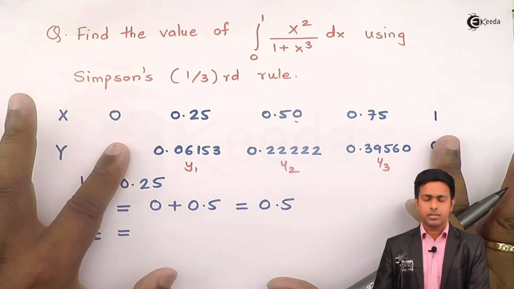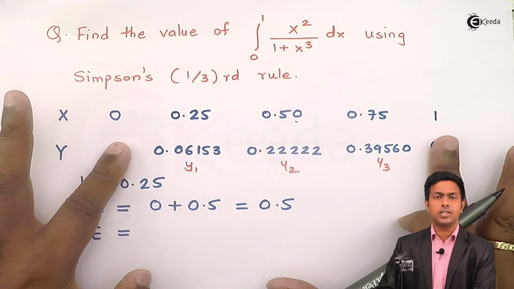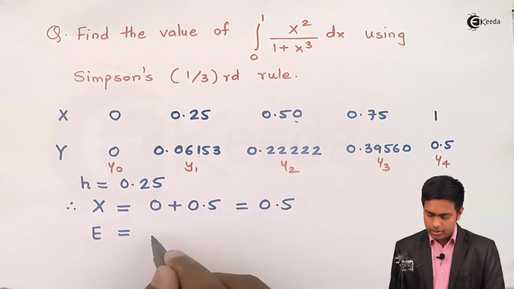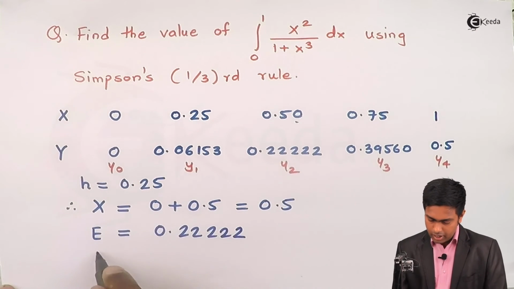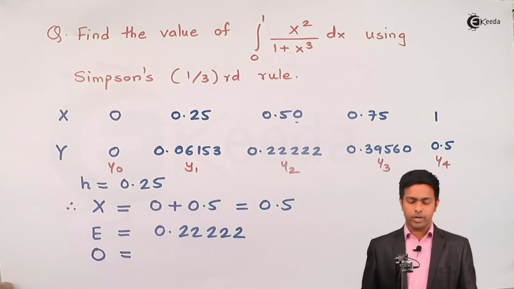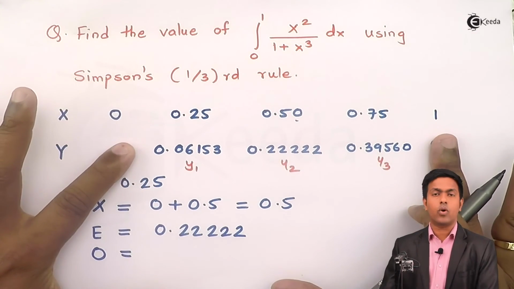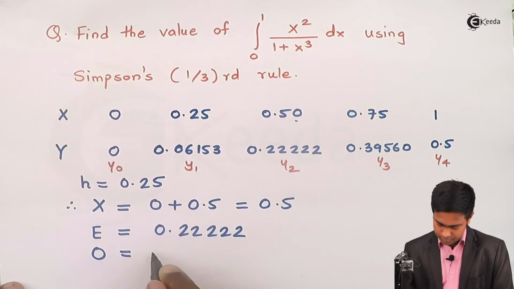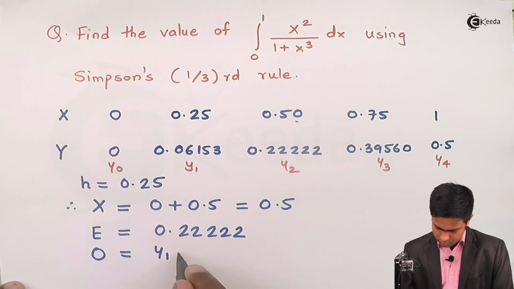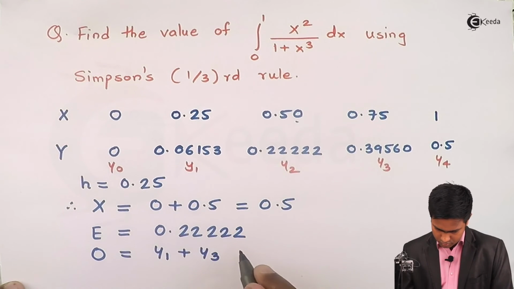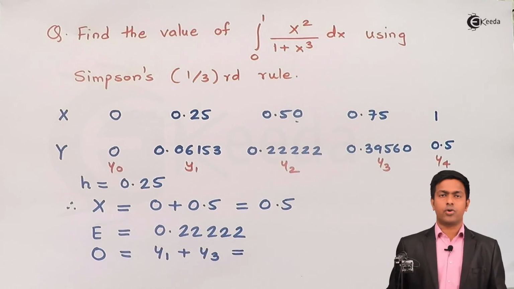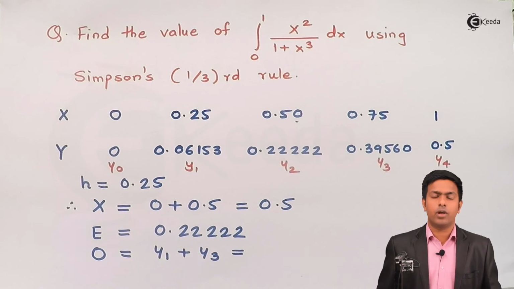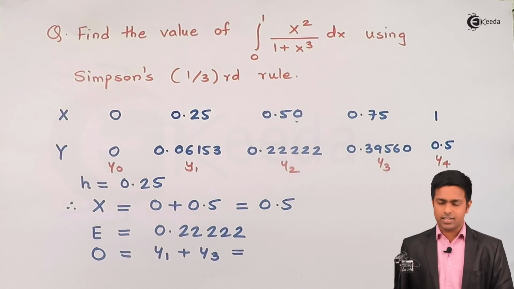So among the remaining 3 ordinates, the even one is y2, which is 0.22222. And O will be the sum of odd ordinates, that is the sum of y1 and y3. Now take out your calculator and find the sum of y1 and y3.